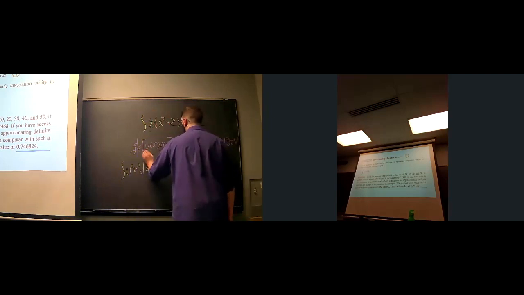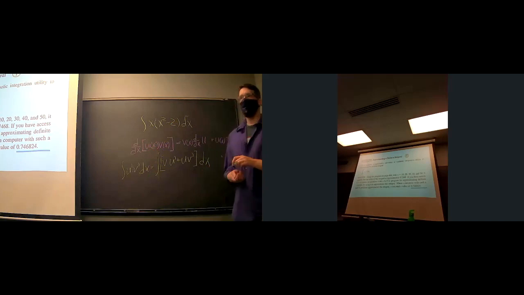We want to undo this derivative for just a moment. So the derivative of uv, dx, is equal to the integral of v u prime plus u v prime dx. Everybody agree?